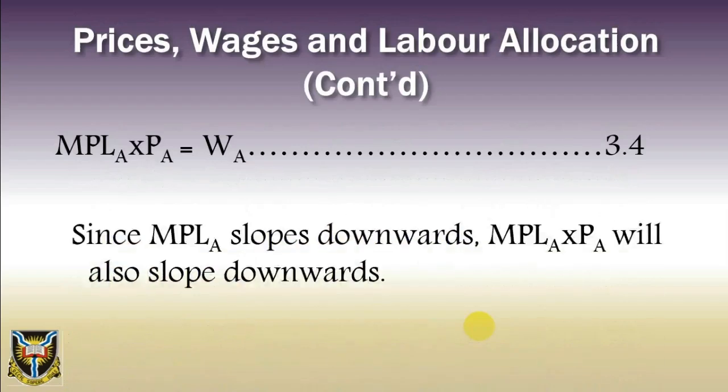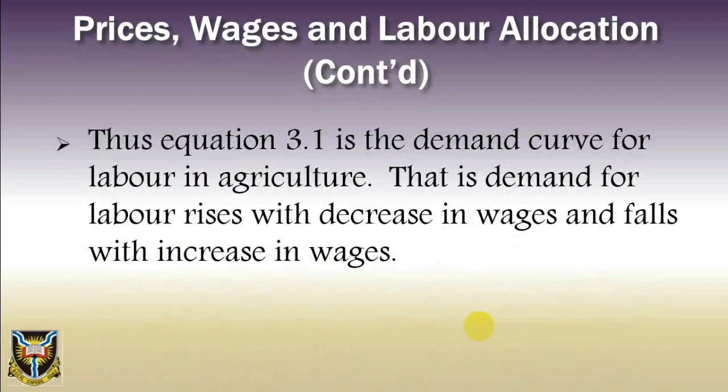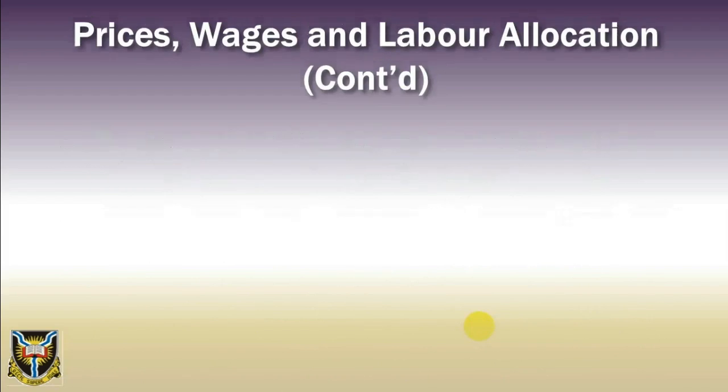Since MPLA slopes downwards, MPLA multiplied by PA will also slope downwards. Thus, equation 3.1 is the demand curve for labor in agriculture. That is, demand for labor rises with a decrease in wages and falls with an increase in wages.